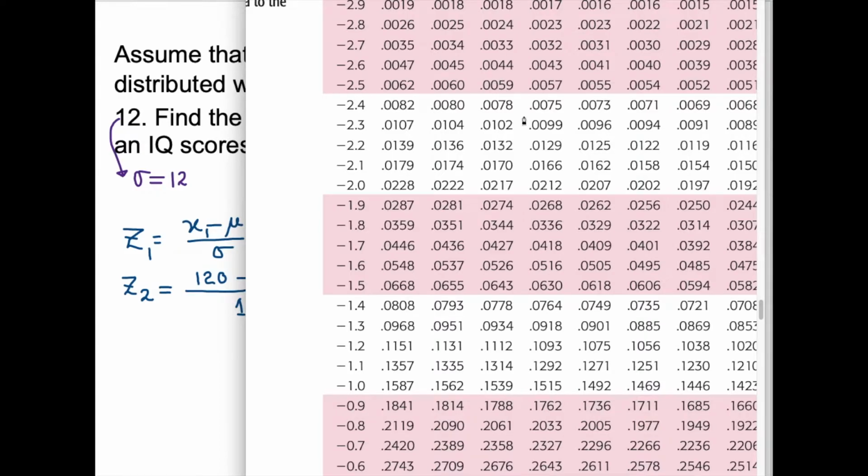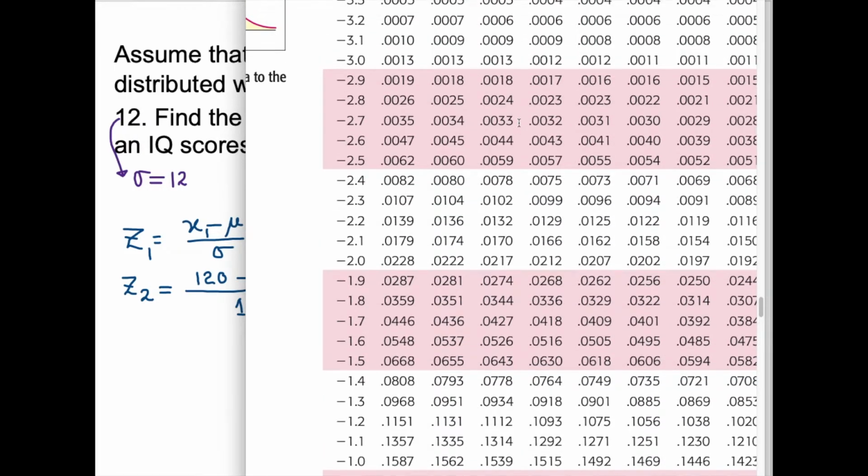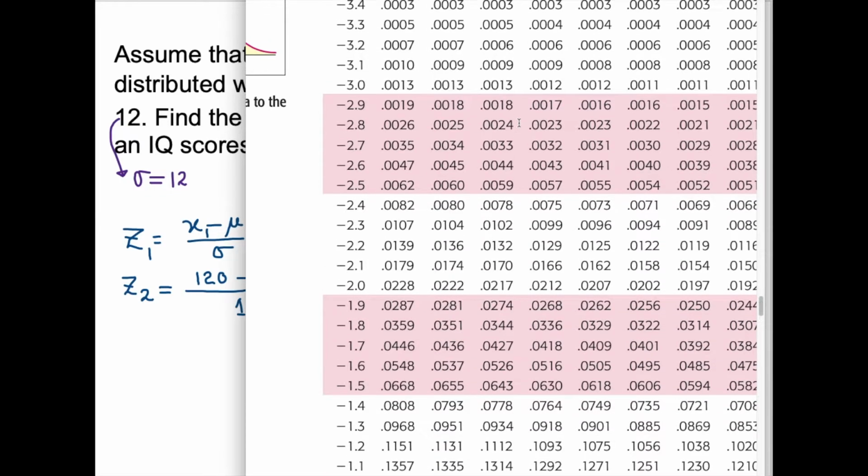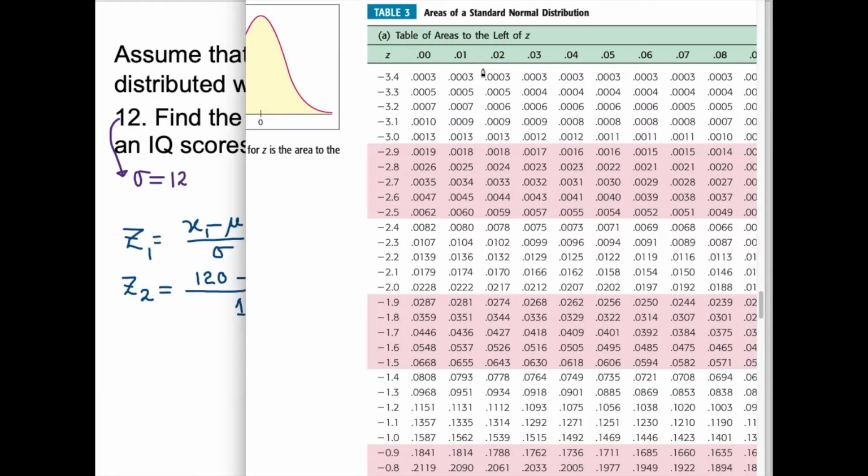Negative 1.17: go to negative 1.1, where is the 7? Right here, just right there. It's coming up here.